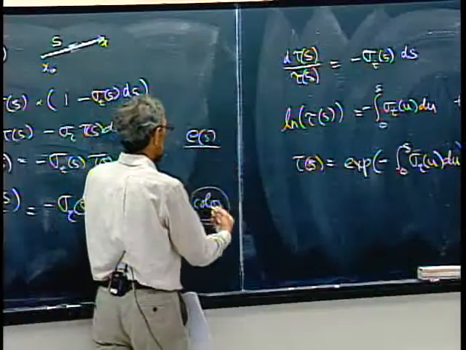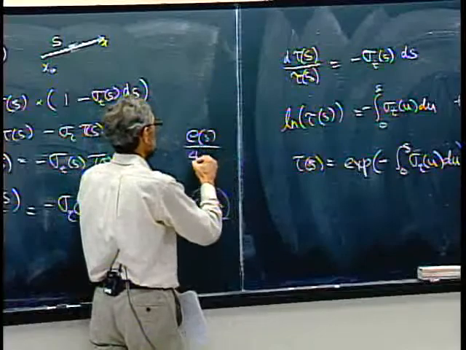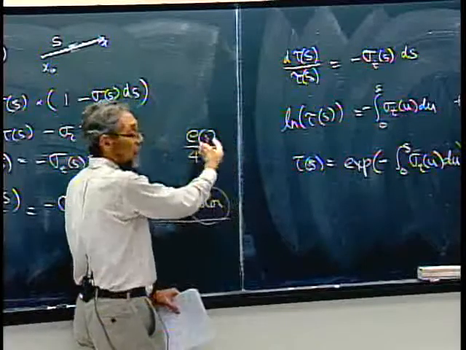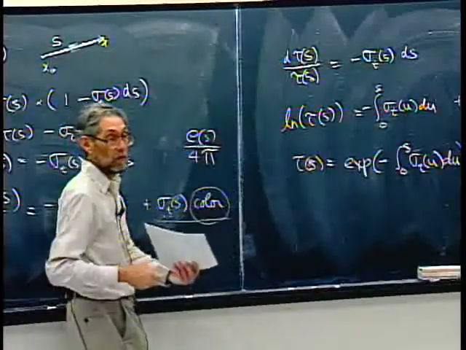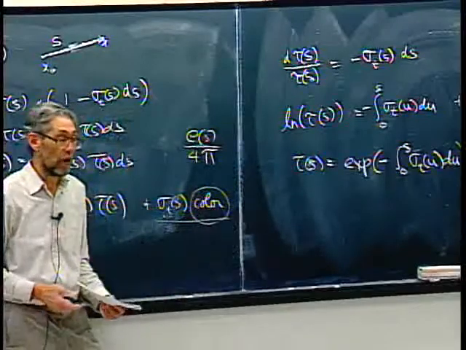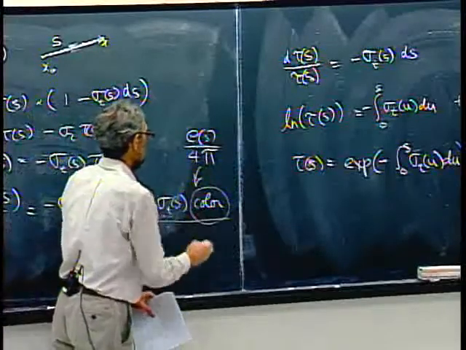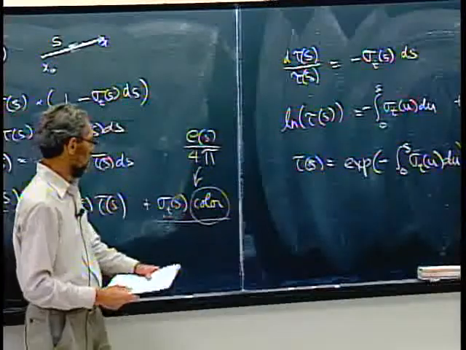So the amount that's coming into a ray in any given direction is 1 over 4 pi times that total radiation in all directions. And that's what you add in here. And that affects the differential equation.